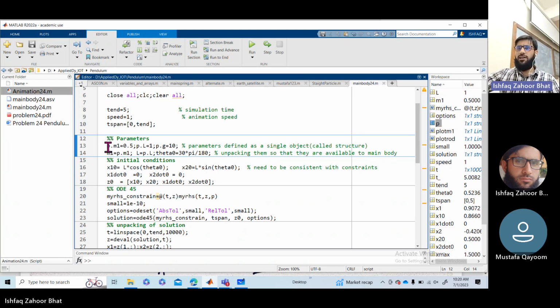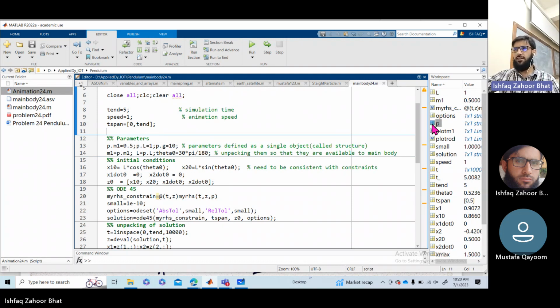So why am I writing p dot m? Because I am defining these parameters as a single entity, that is p. Every parameter is called in this p entity, and we call this a structure.